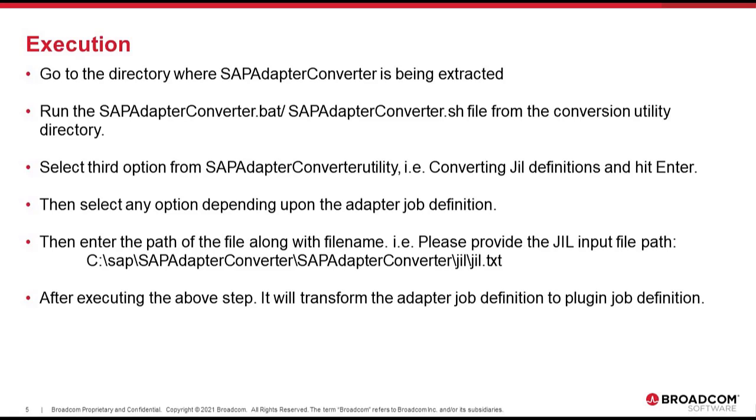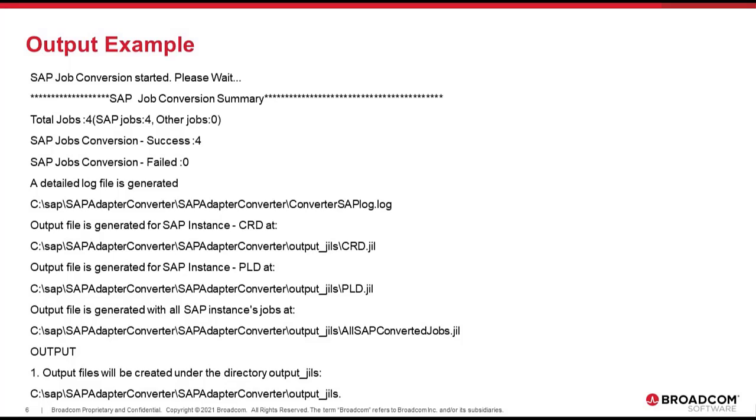Then we selected the third option, which is converting JIL definition, and then we hit enter. Then we selected the job definition. Then we entered the path where the job definition is present. Once we hit enter, it transformed all the definitions from adapter to plugin job definition.